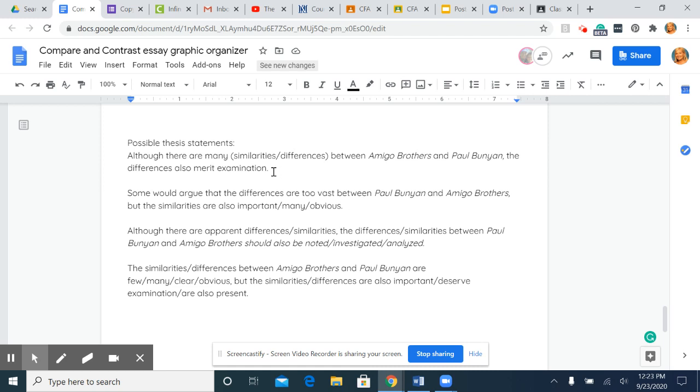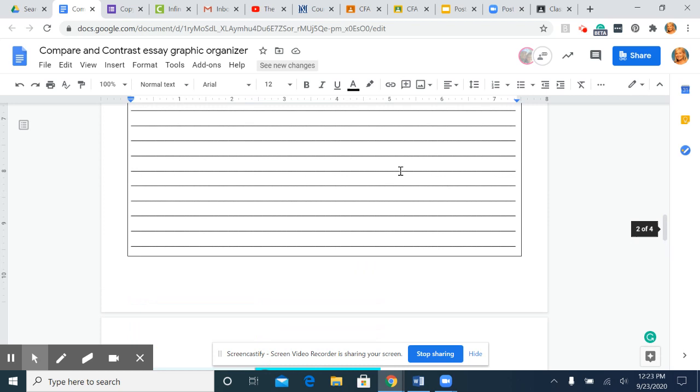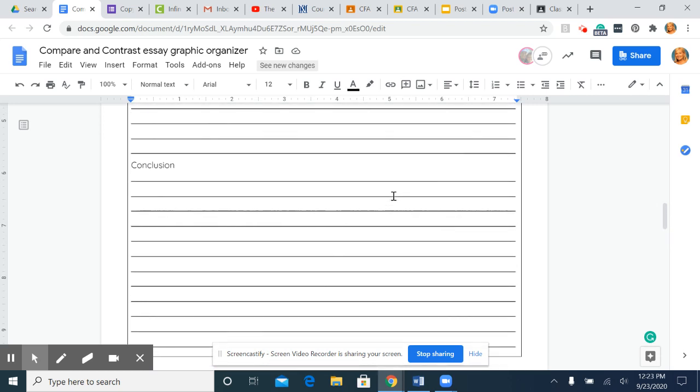Now here in my conclusion, when I restate it, I might say that on the surface, Paul Bunyan may not have much in common with the short story Amigo Brothers, but upon further investigation, it is evident that the similarities are just as vast as the differences, or something along those lines. You restate it. You're not going to tell me the exact same thing that you put in your thesis.